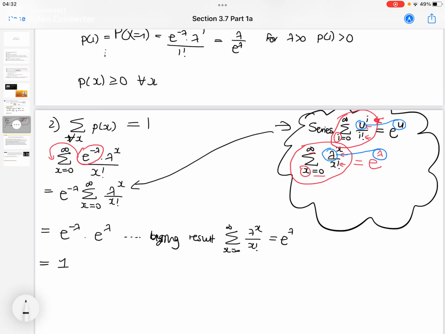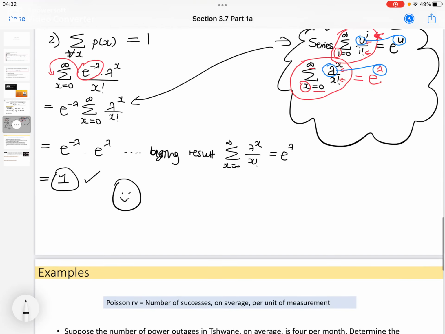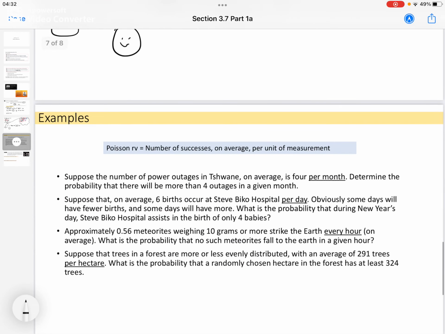So we see that the summation of the probabilities is equal to 1. So we have shown then that the PMF of a Poisson distribution is indeed a valid PMF. Right, so it's a valid probability distribution.